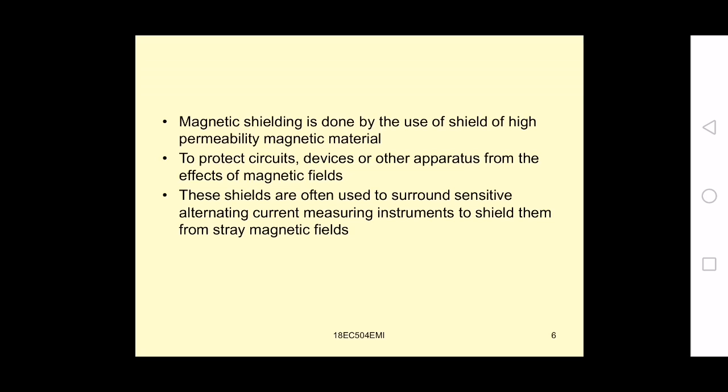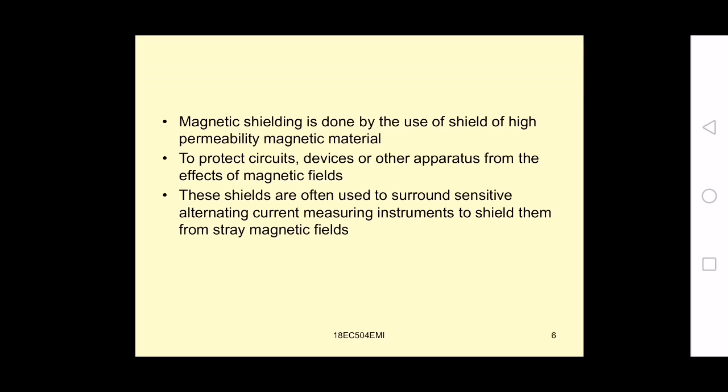We encapsulate the apparatus with high permeability magnetic material to protect the circuits, devices or other apparatus from the effects of the magnetic fields.